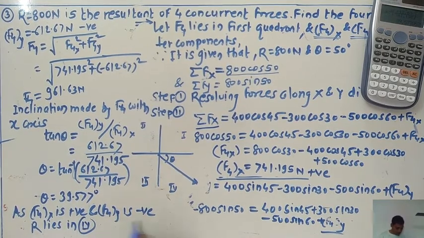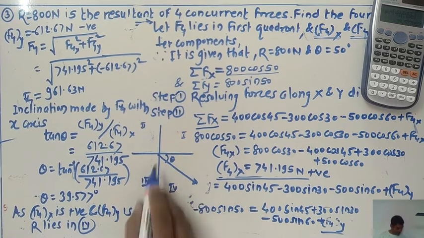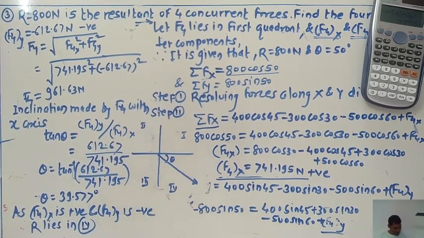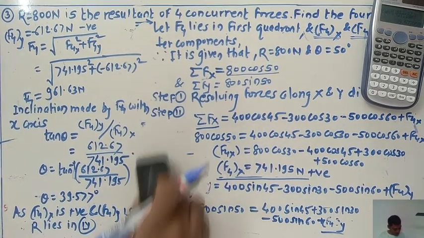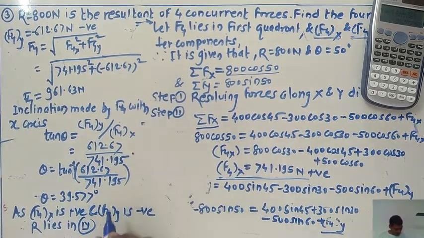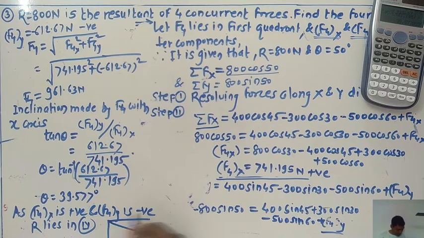The location of R we have already shown, but for the explanation this point is given here. I'll show the answer. In this case, R is nothing but F4. This F4 lies in the fourth quadrant and makes an angle theta equal to 39.577 degrees. This is the answer.